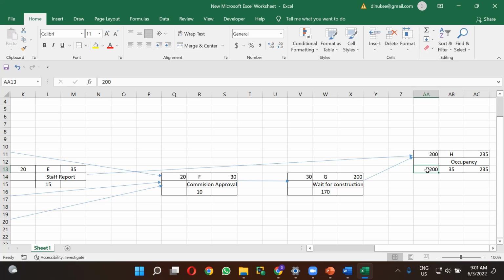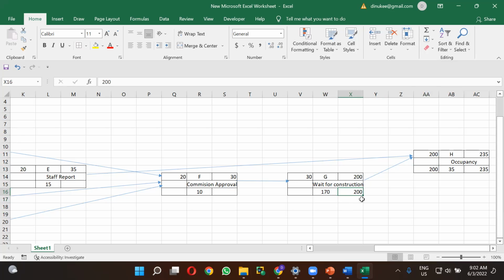Therefore, this late start time of the H activity can be taken as it is for the late finish time of the G activity, like we did in the forward pass calculation. If only one arrow is coming, whichever late start time is there, you can take it as the late finish time for the next activity, right?